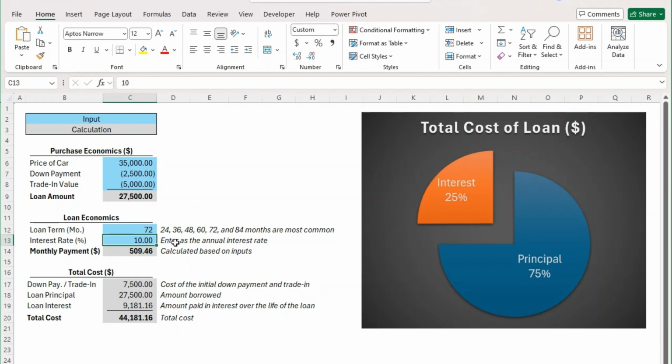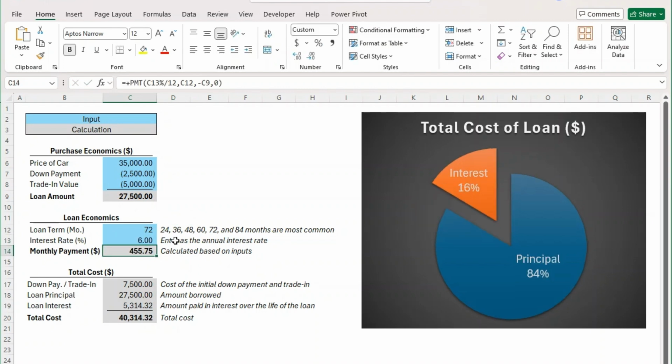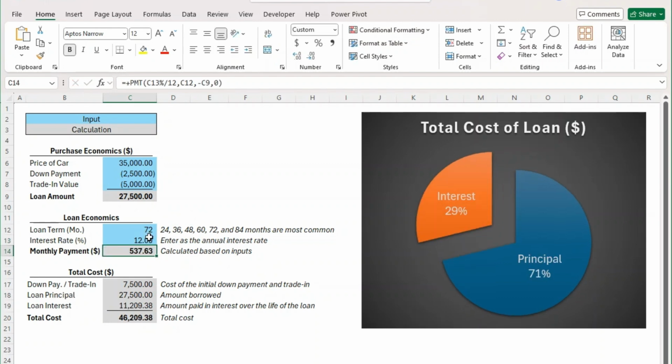Like I said, today the average is about 9.5% to 10%. Maybe it's as low as 6% in today's interest rate environment. Maybe it's 12 or 15%. You can type in whatever you think is most appropriate for your credit score. There are many places online where you can get a feel for what interest rate to expect based on your credit score.